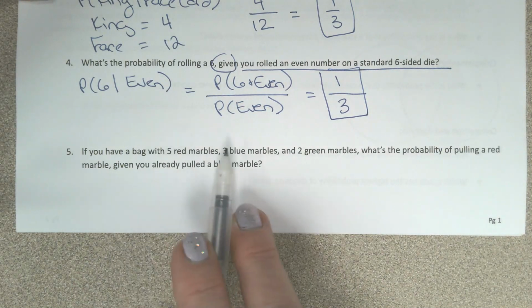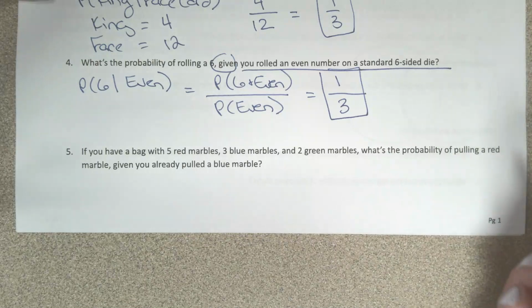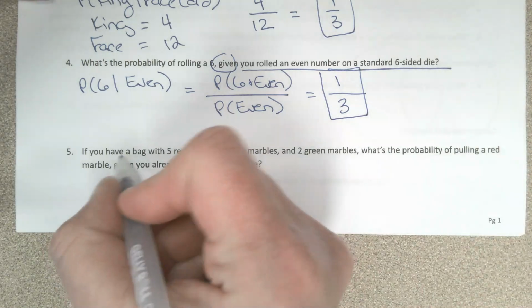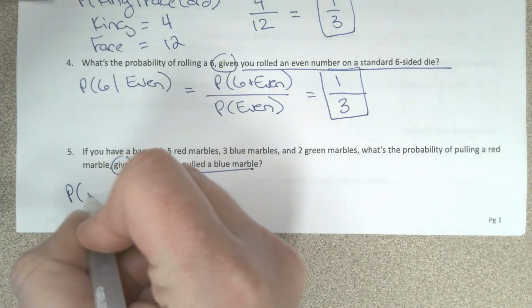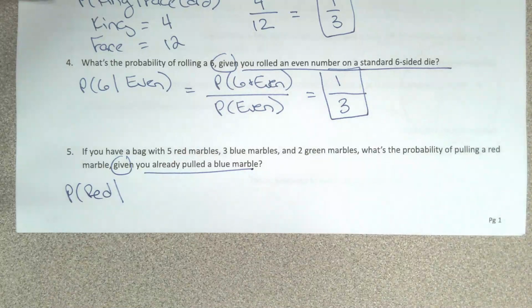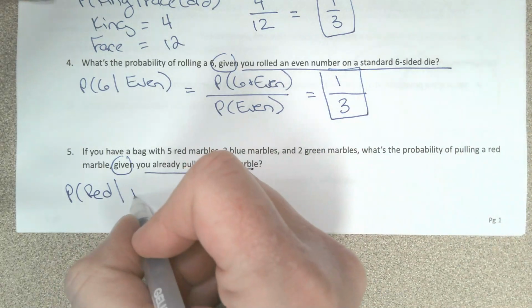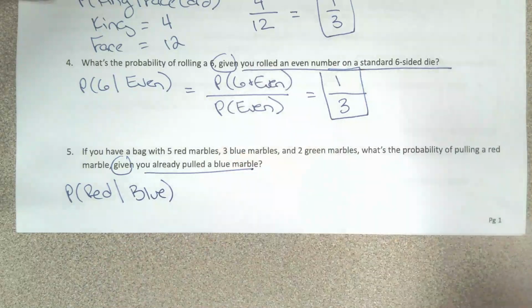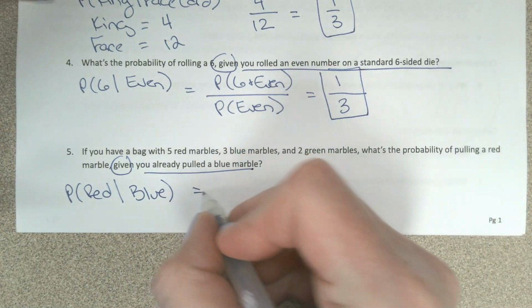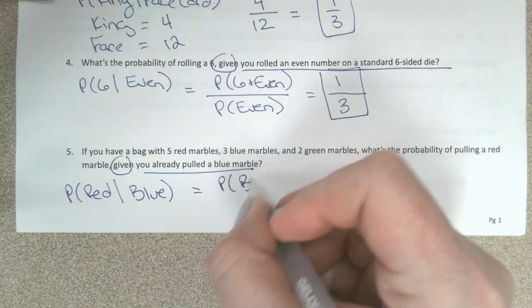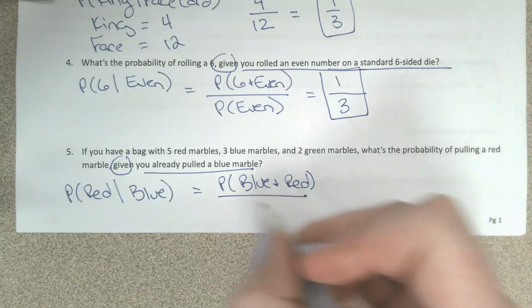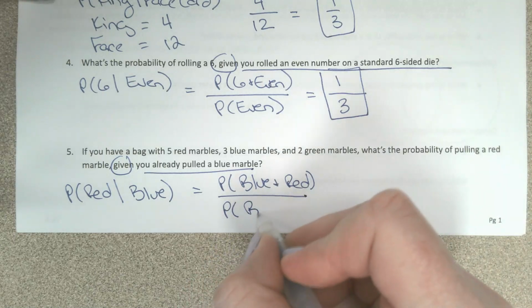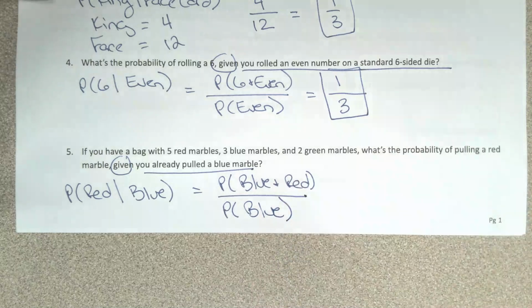I have a bag with some marbles in it. What's the probability of pulling a red marble given I've already pulled a blue marble? I want the probability that I draw red given I drew a blue one. So this is the probability that I get a blue and a red marble divided by the probability that I've drawn a blue marble.